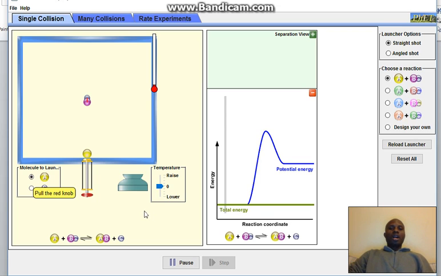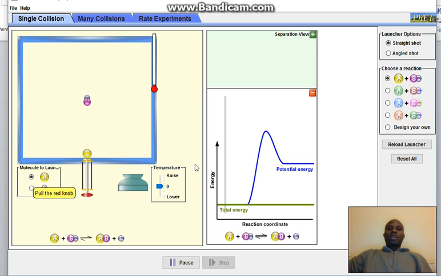Now this line shows where the energy is at. You can raise the line to the midway here, or you can raise it above this hill, which we call the activation energy hill, from here to up here.